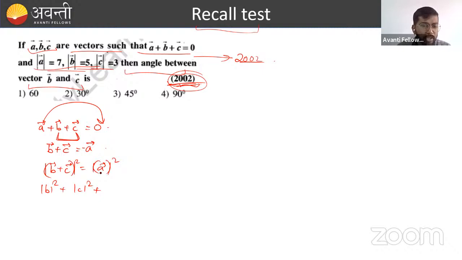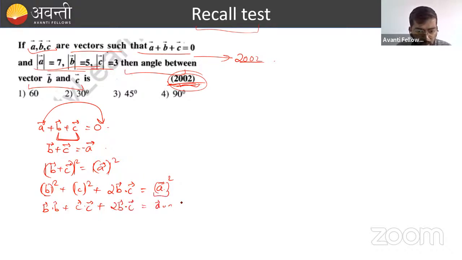So this will become B square plus C square plus 2 times B bar dot C bar equals A square, right? A square is A dot A. Here B square is B bar dot B bar, C square is C bar dot C bar, and 2 B bar dot C bar equals A bar dot A bar.